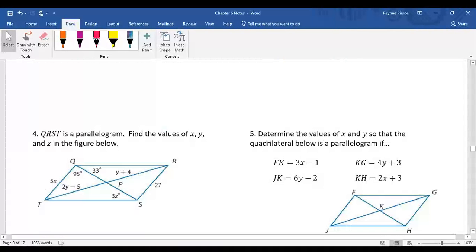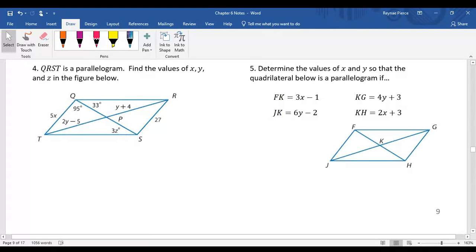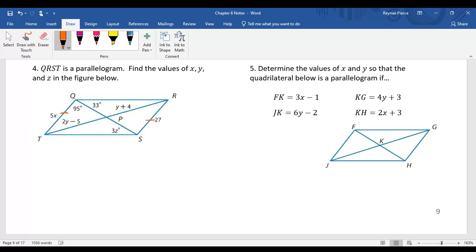All right, let's jump to number 4 here. Finding x and y is going to be very similar to what we did in number 2. Okay, opposite sides are congruent. So 5x has to equal 27. Okay. x is 5.4.